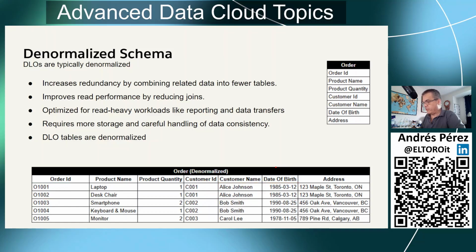The first advantage is that it improves read performance by reducing joins, because you only need to read data from one table. It is optimized for reading, like reports, and it's really good for data transfers, and that's why DLOs are typically denormalized.